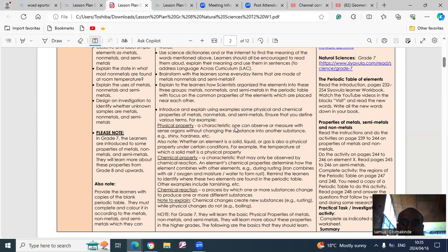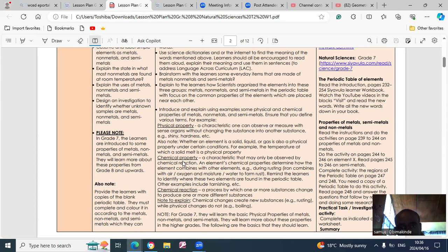It's a characteristic that one can observe or measure with sense organs without changing the substance into another substance. For example, the hardness of a substance, the brightness of a substance, the ability to beat a substance into different shapes. Those are the things that we can see physically and we can achieve with physical effort, right? So those would be the physical properties.